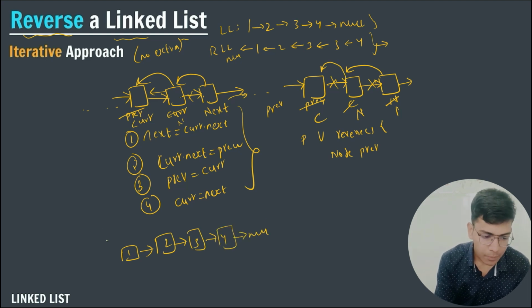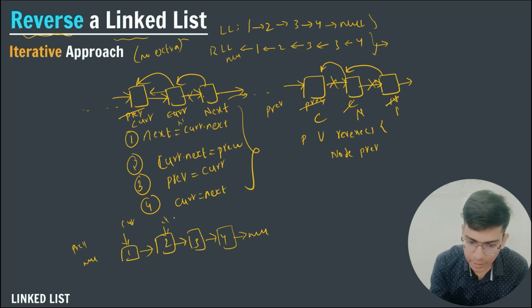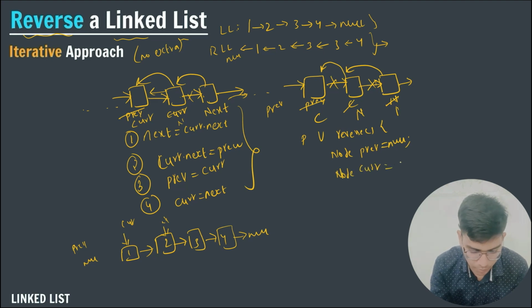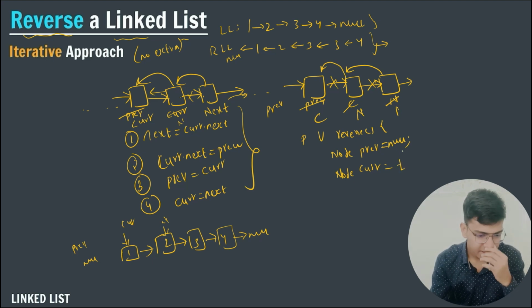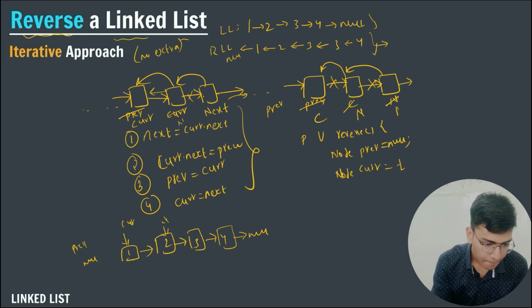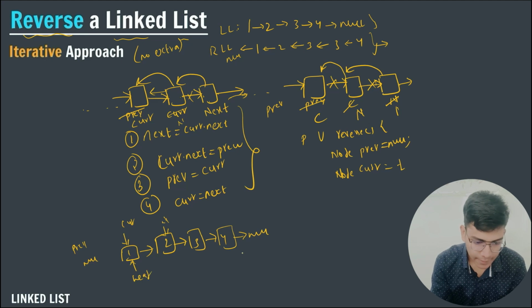So initially my previous will be null. Previous is equal to null, and this is my current and this is my next. After that, Node current is equal to... you can see that here this is my head and this is my tail.